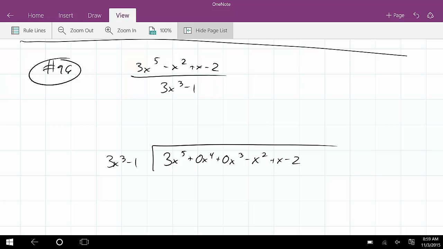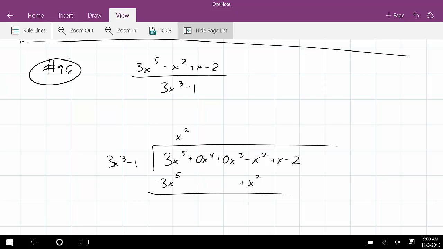What do I need to multiply 3x cubed by to give me 3x to the power 5? Well, x squared. So x squared times 3x cubed gives me 3x to the power 5, and x squared times negative 1 gives me a negative x squared. Now I'm going to change my signs and add down, and I get 0, 0, 0, and 0.